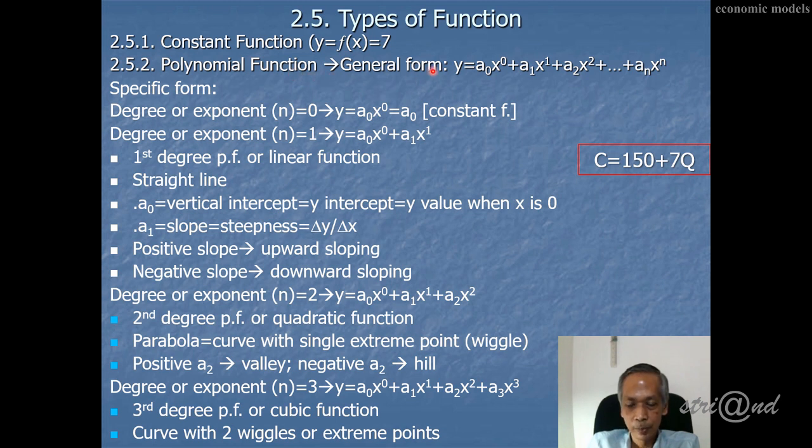The general form of a polynomial function can be expressed as this equation: y equals a0 x to the power of 0 plus a1 times x to the 1 plus a2 times x squared plus, and so on until the last element, which is represented here by an times x to the nth.